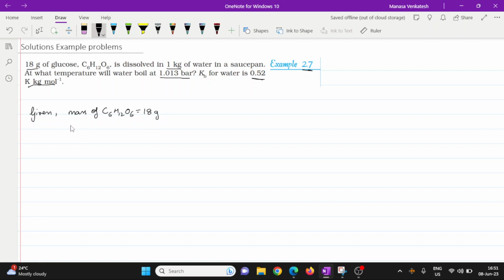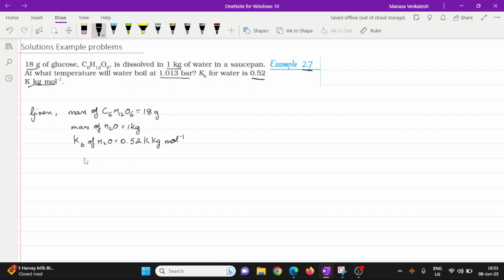The next one is mass of H2O, which is equal to 1 kilogram. We've been given Kb of water, so Kb of H2O equals 0.52 Kelvin kilogram per mole.